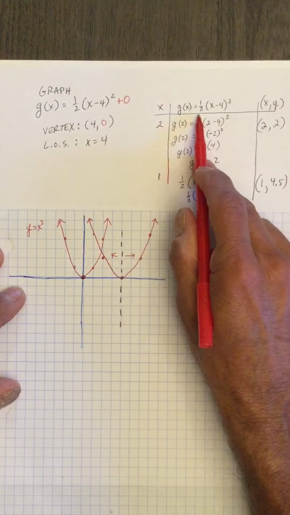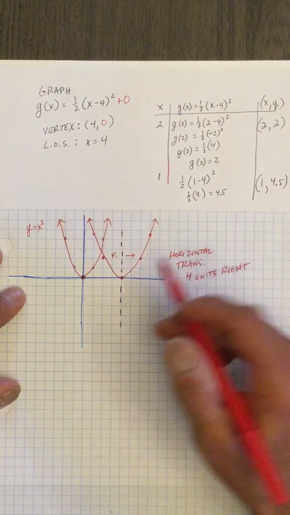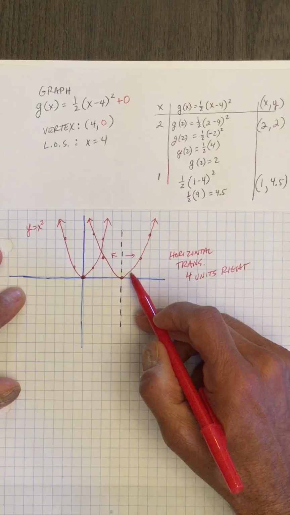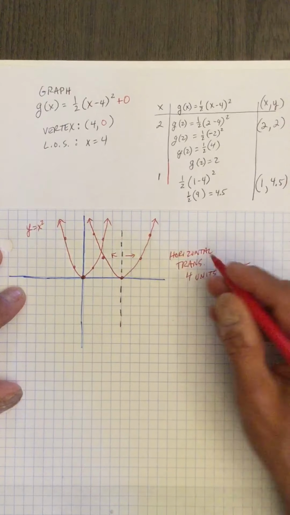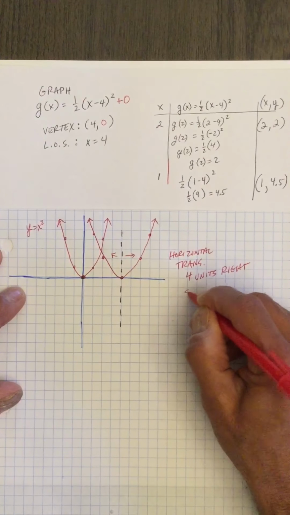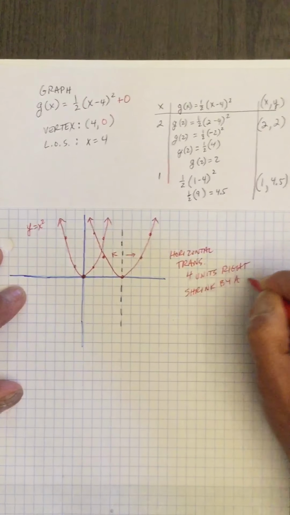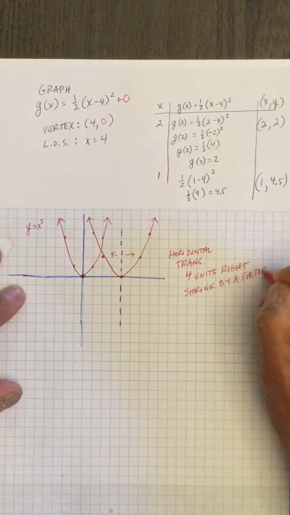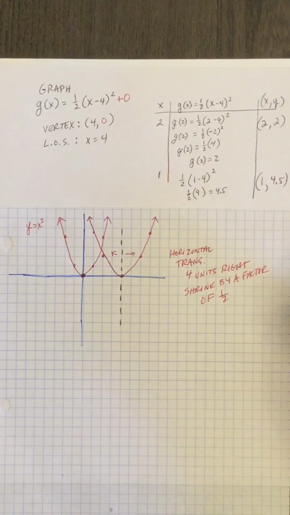And also, you see this half right here? That this got a little wider, okay? So that is a shrink. You have a shrink by a factor of 1/2. Okay?